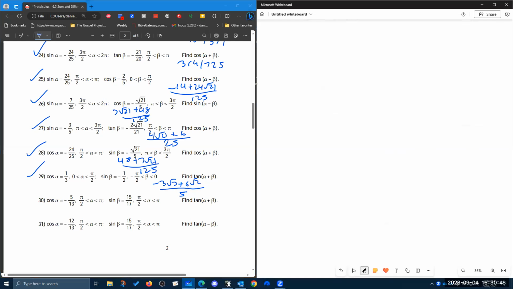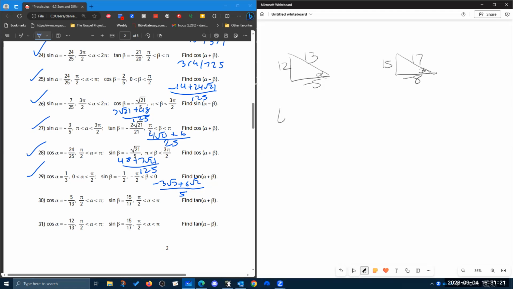Our next one, we have alpha in quadrant 2. It has a cosine value of negative 5 over 13, so that makes that side 12. Beta is in quadrant 2 as well, and has a sine value of 15 over 17. That makes this side negative 8.